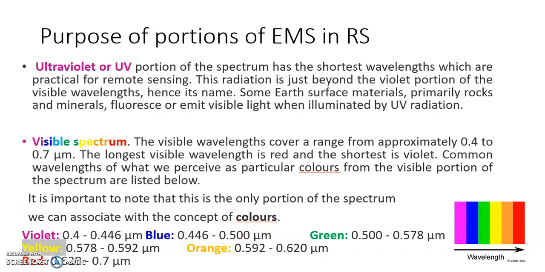When the rays of all these colors mix, what is formed is white light. Now, in the visible spectrum, somewhere around 0.5 to 0.6 microns is actually used to detect water bodies. Usually this 0.5 to 0.6 micron range can penetrate water bodies very well.